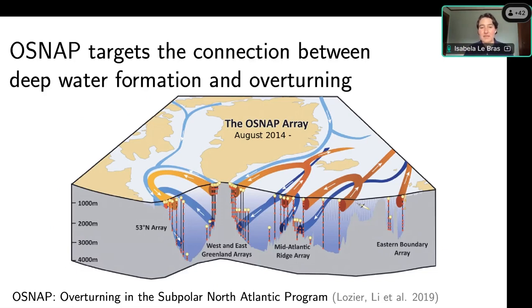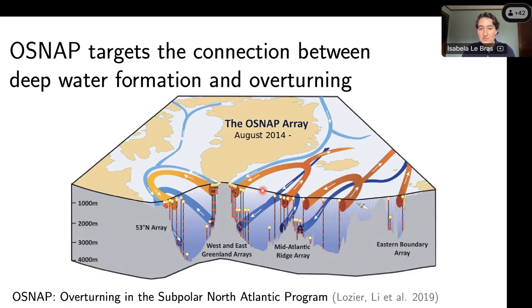So I'll be focusing on the formation and then export southward part of that. Susan Lozier is a lead PI on this huge project, which is also an international collaboration. So a lot of work goes into making these observations possible.